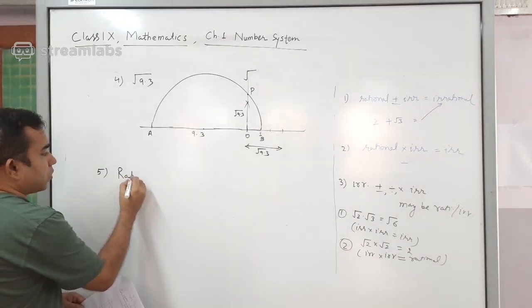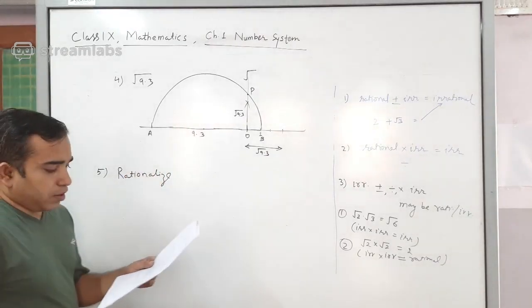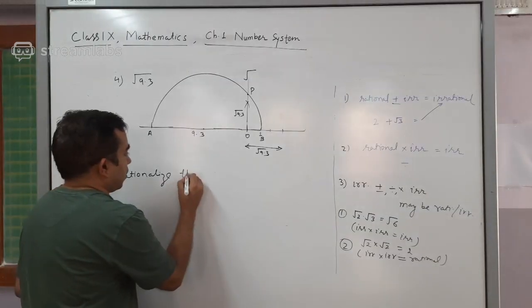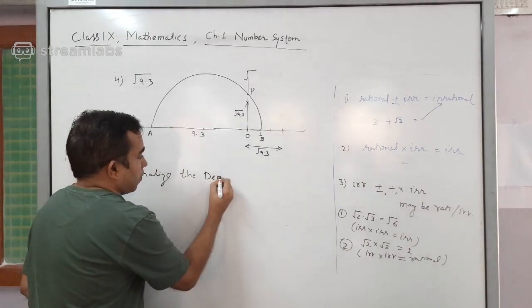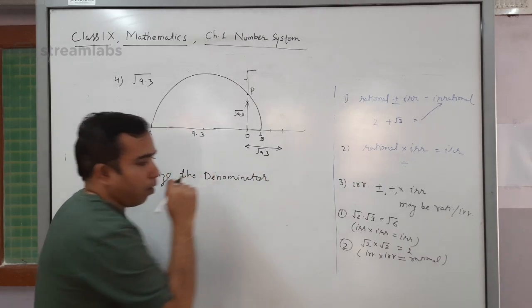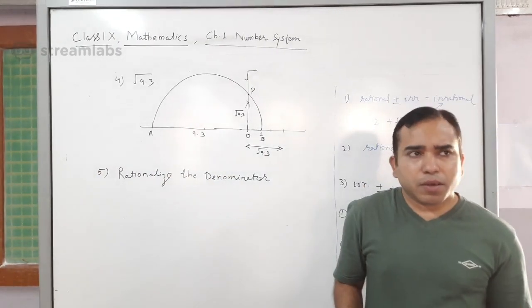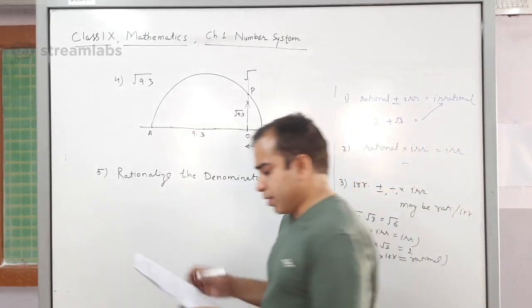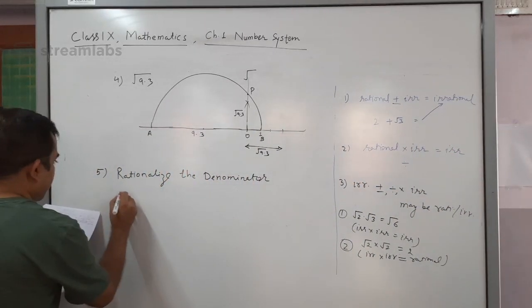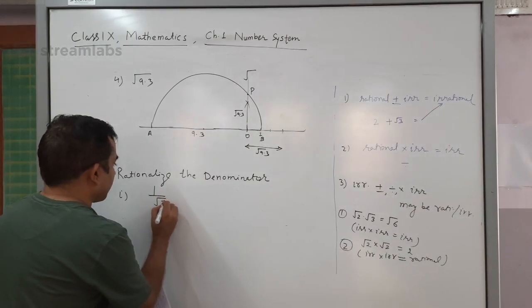Next question is about rationalizing the denominators. To rationalize the denominator, we have a way. Let us discuss from the question itself. The first one is 1 upon root 7.